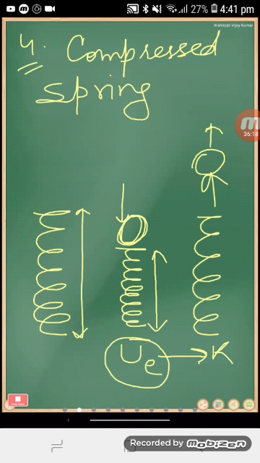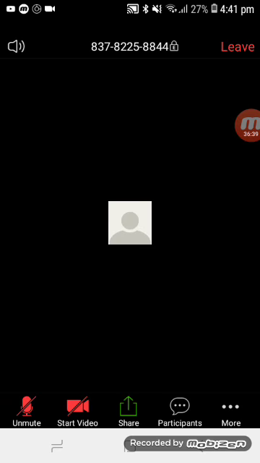As it releases, this kinetic energy is imparted to the ball also, due to which the ball gains kinetic energy and flies off. So these are some of the examples where we find potential energy getting converted into kinetic energy. I hope these examples are clear to all of you.